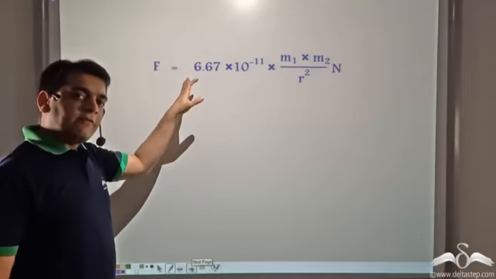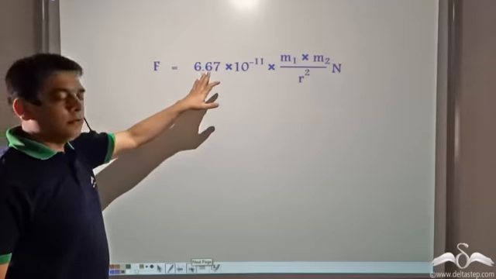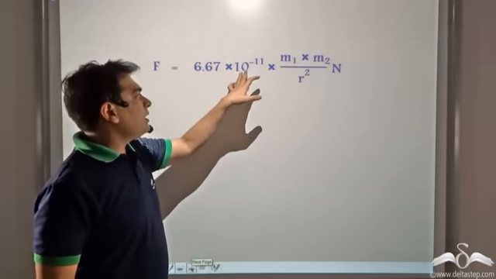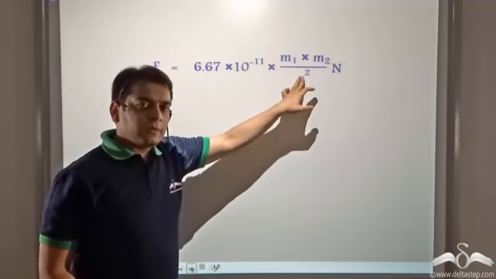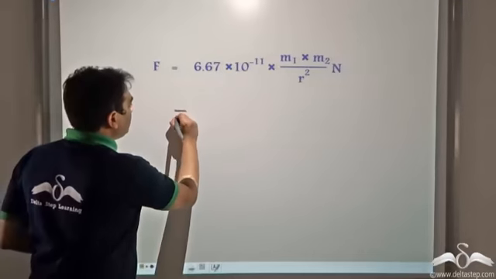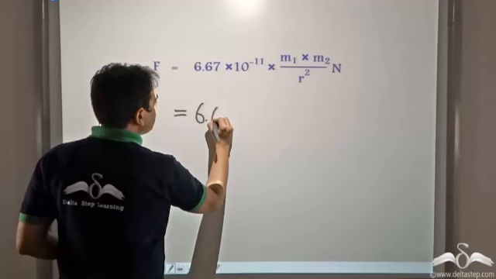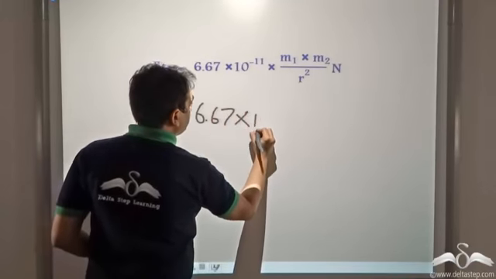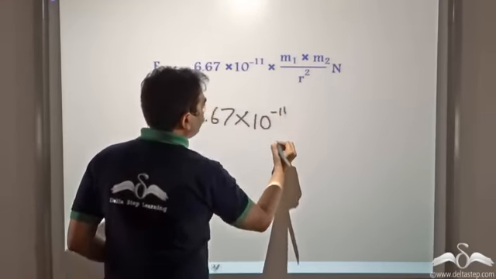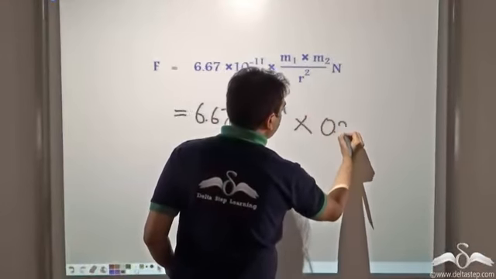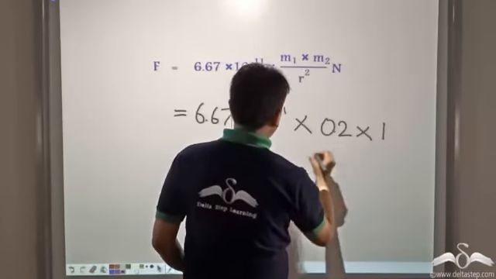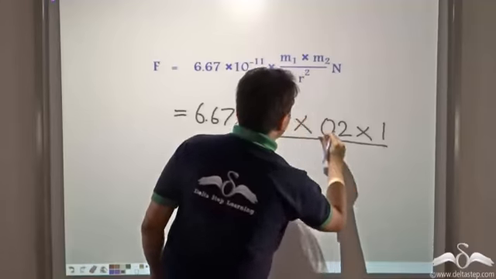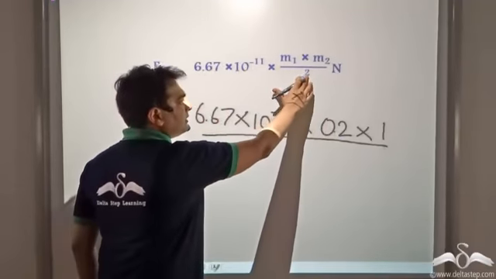We know that the gravitational force of attraction is equal to 6.67 into 10 to the power minus 11 into M1 into M2 divided by R square. Let's substitute the values here. We get 6.67 into 10 to the power minus 11 into mass of the ball, which is 0.2, into mass of the bat, which is 1, divided by R square, where R is the distance.